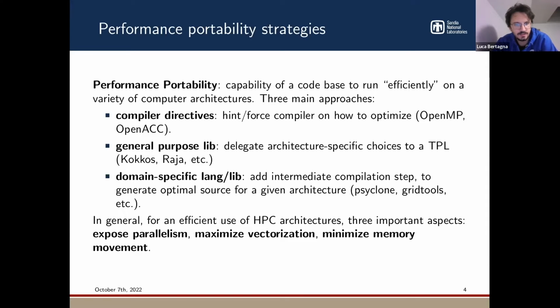You add an intermediate compilation step to generate optimal source code for the given architecture and threading model. Cyclone grid tools are an example of this. You start from a language that is not the native language, you run this interpreter and you generate optimal source code, which is then compiled with the standard compilation tools.